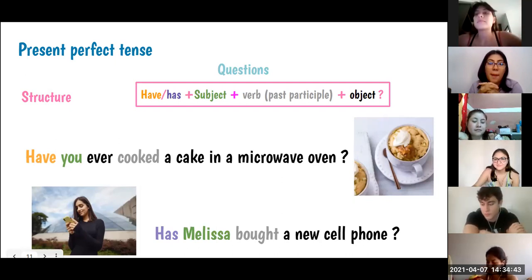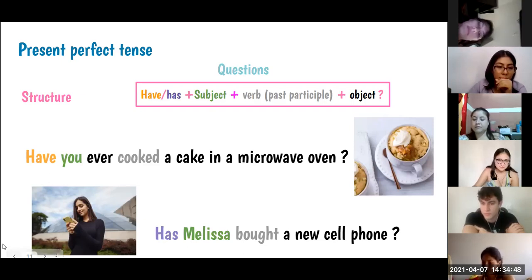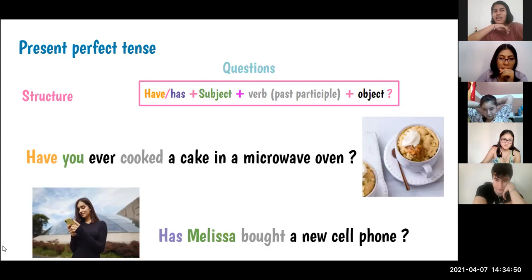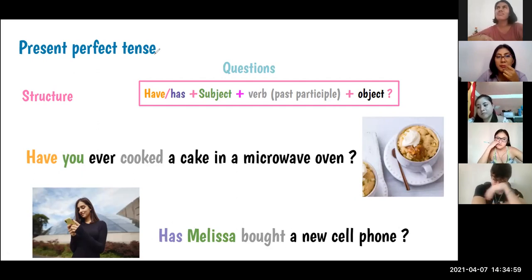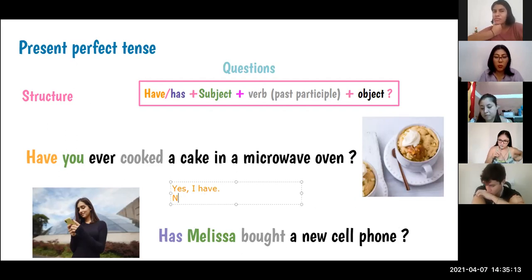I have. ¿Alguna vez ha corrido una maratón? I have. Entonces, yes. Si su respuesta es corta, debe decir yes, I have. Si su respuesta es negativa, no, I haven't.